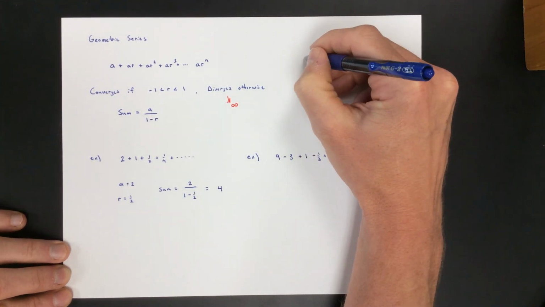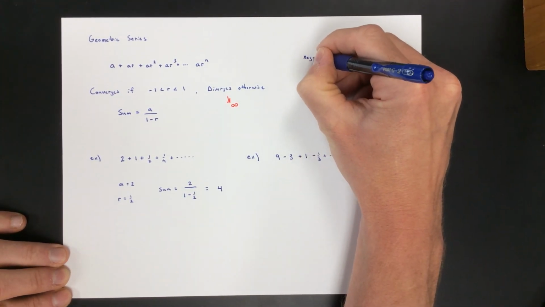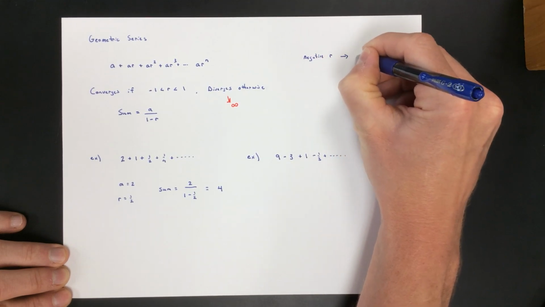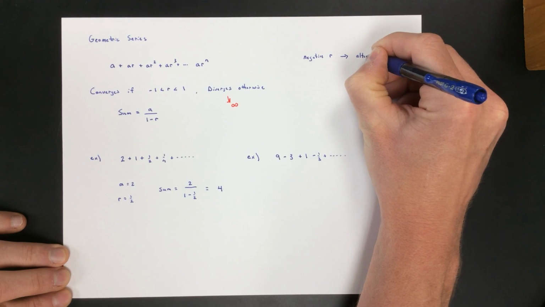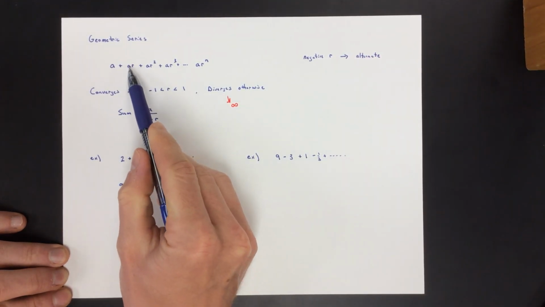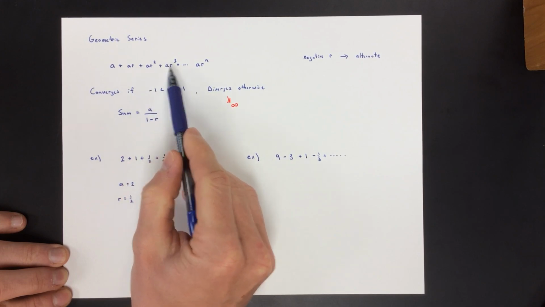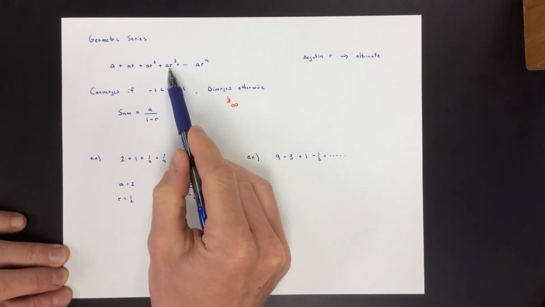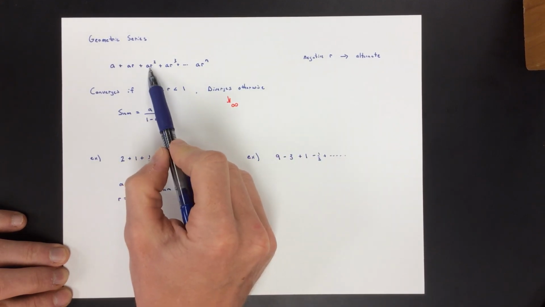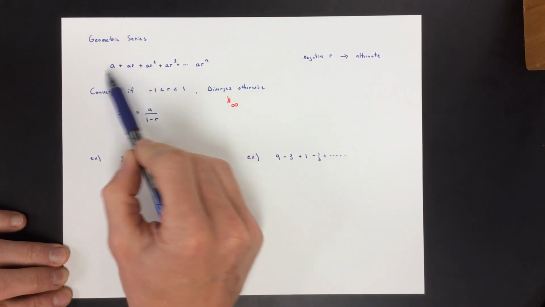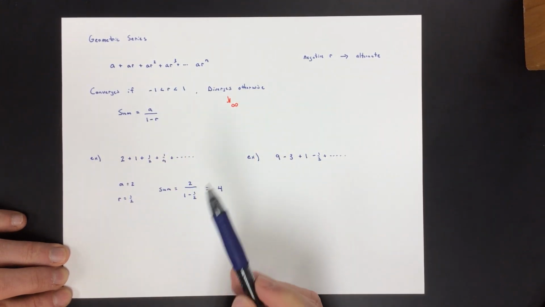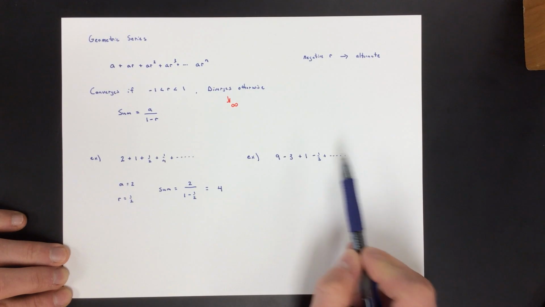It makes the series alternate. Each odd term, AR, AR cubed, AR to the 5th, will have an odd number of negatives, which makes a negative, whereas even powers like R squared and R to the 4th will still be positive. So my series will go plus, minus, plus, minus.